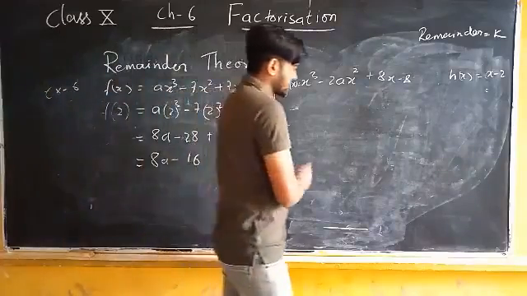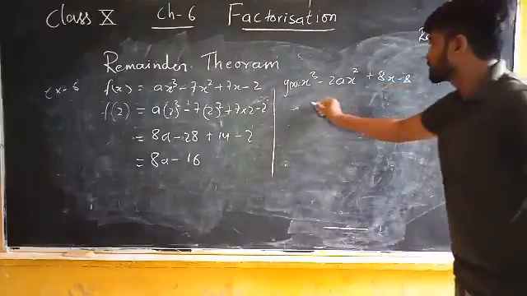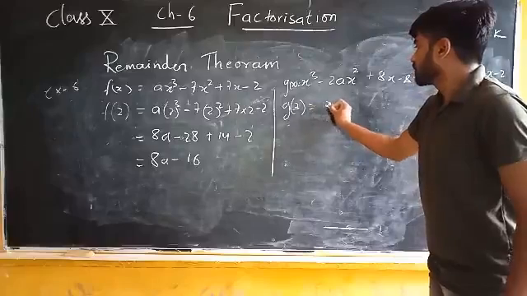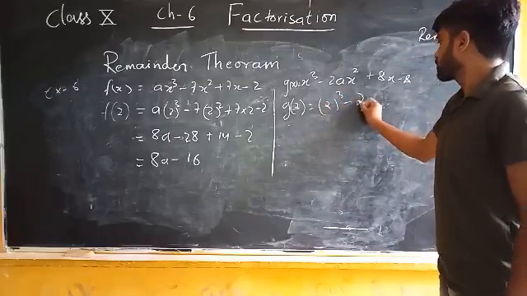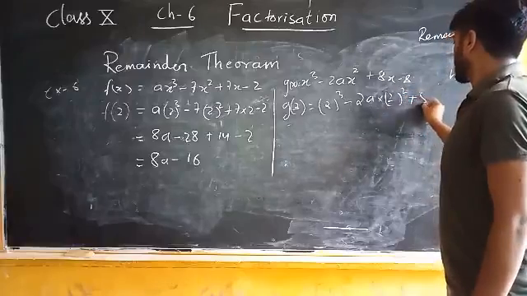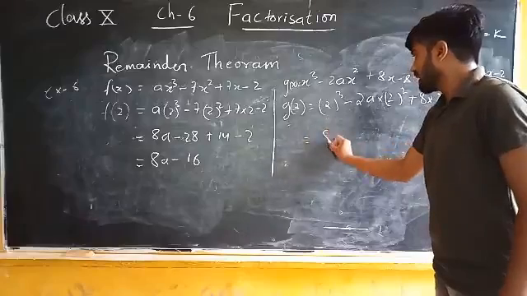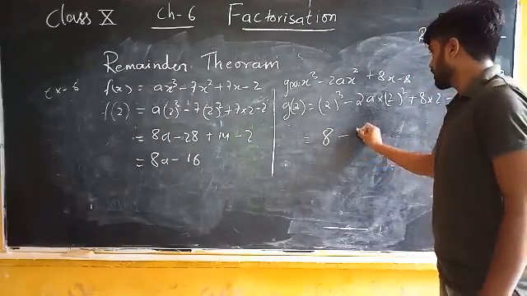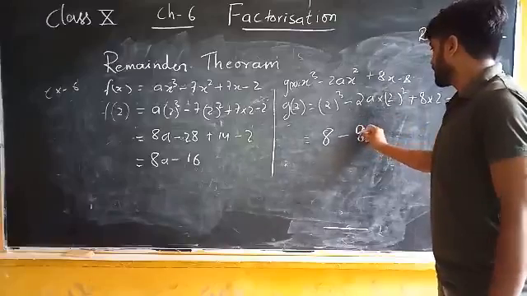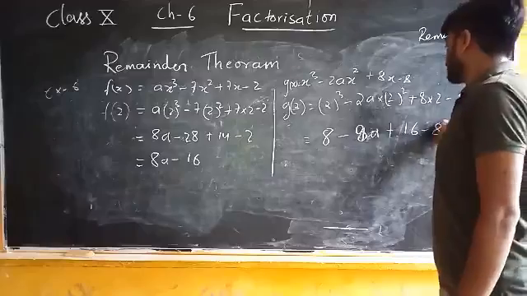Okay, let's find for this. This is also being divided by this. So what is the value I will be putting for x? That is 2. 2 cubed minus 2a into 2 squared plus 8 into 2 minus 8 equals 8 minus 8a plus 16 minus 8.